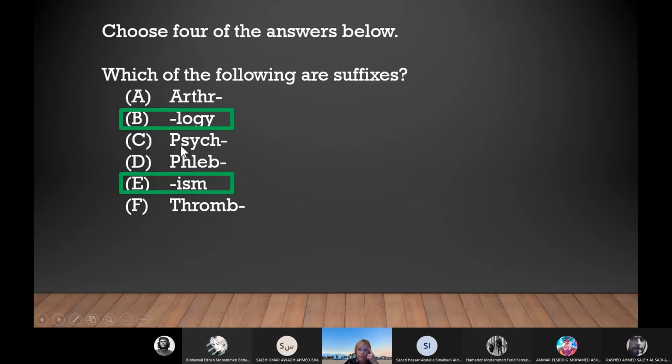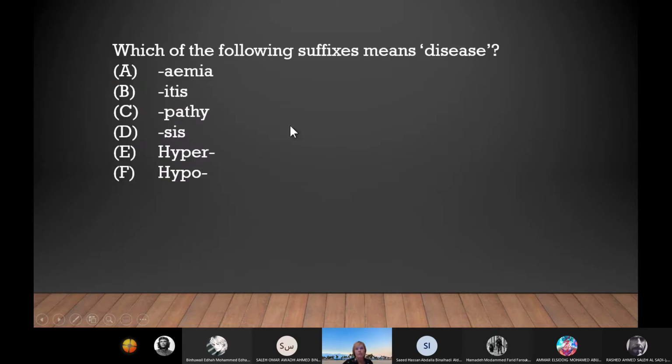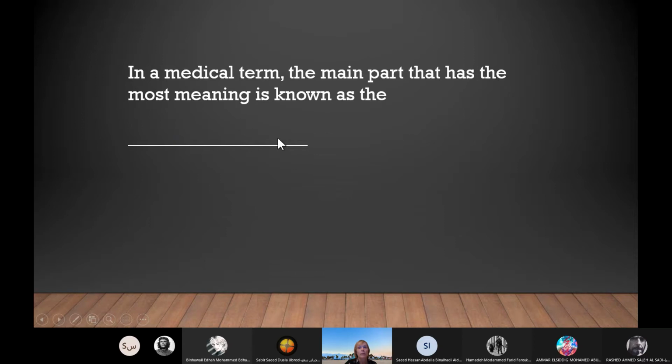Okay, and psych was the mind, phleb was vein, and thromb was clot. So you can go back over your word lists to look at some of those. Okay, so what did we say is the suffix that means disease? Pathy. Pathy, that's right. Pathy means disease, like neuropathy.